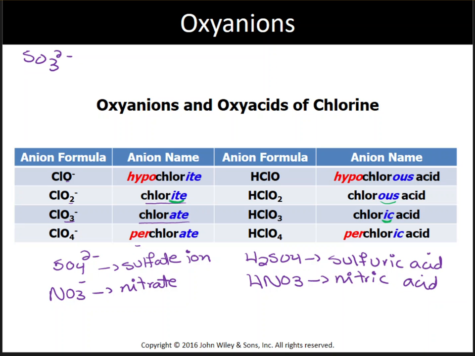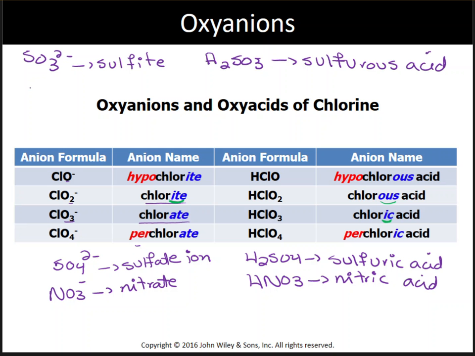SO3²⁻ is called a sulfite ion. Now, if this adds with hydrogen, it forms the oxyacid, and this is called sulfurous acid.